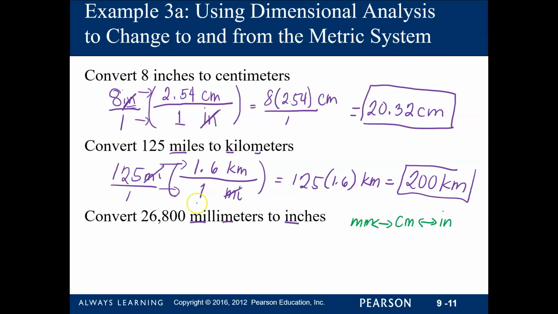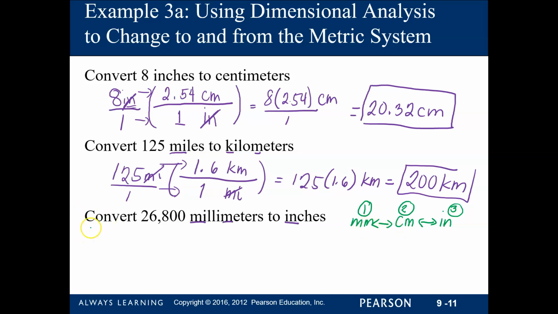We know that there's a conversion. So we change millimeters to centimeters, and once we have that, we apply dimensional analysis to change to inches. Let's proceed. Step number 1 is changing millimeters to centimeters.